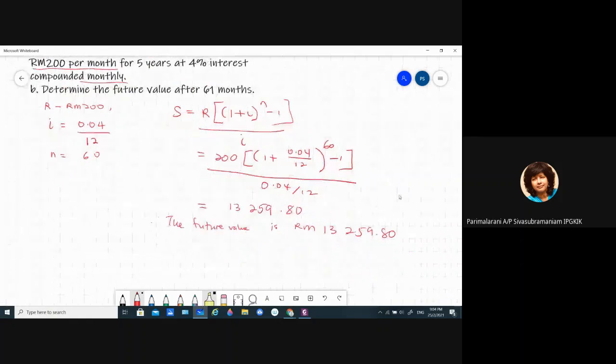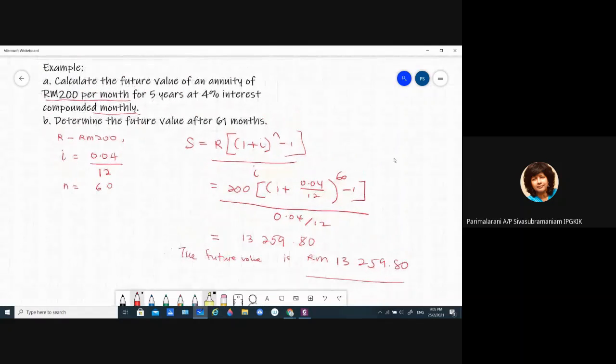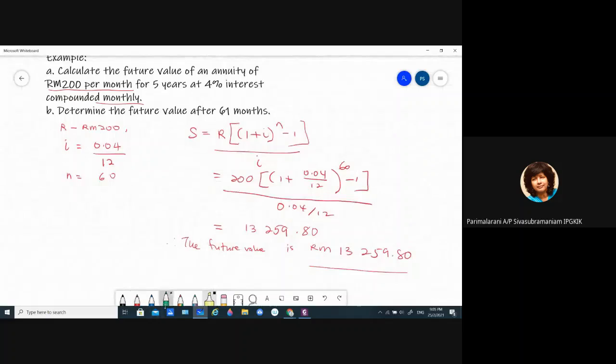If you know this is the future value, how much interest did this account earn? Just tell me how you get it.